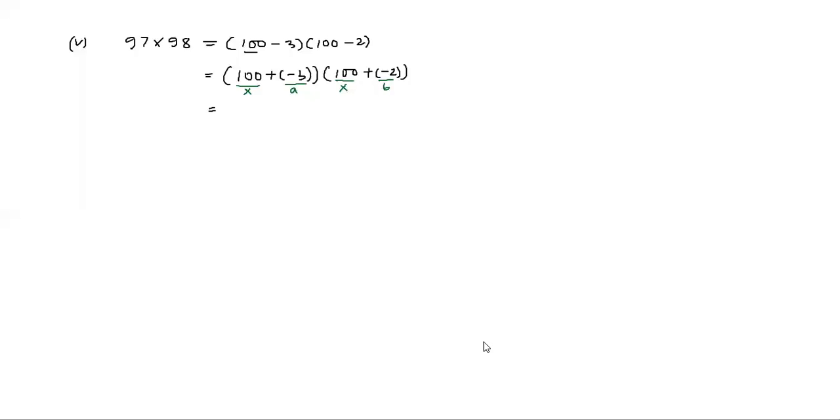So it is x plus a into x plus b type. So your identity will show you first this is x square, then plus a plus b. A means minus 3, b means minus 2, they are to be added, multiplied by 100, and then a into b. Great.